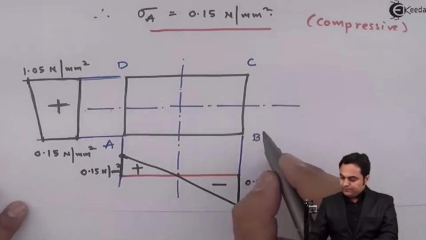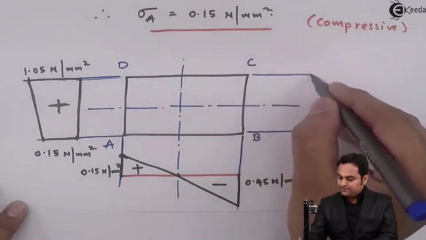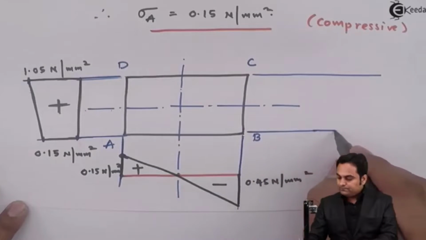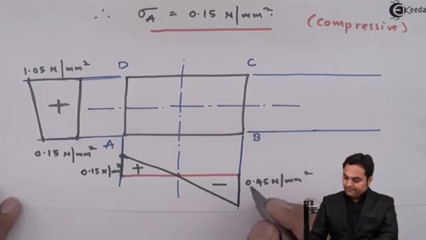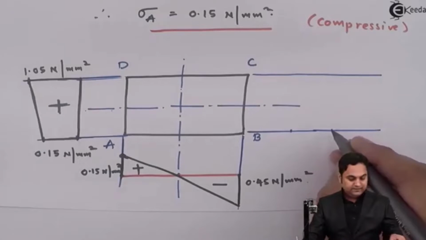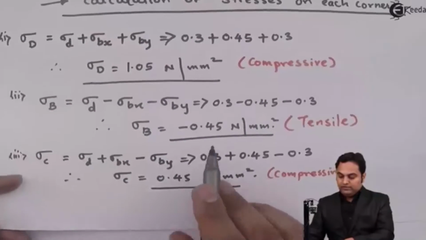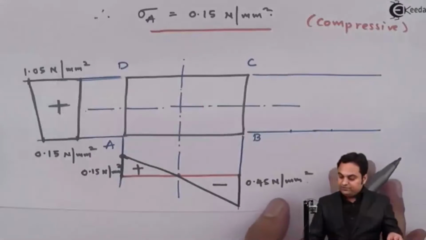Similarly, I'll plot the stresses for face BC. At B it is 0.45. At C it is plus 0.45. So the value goes from negative to positive region.